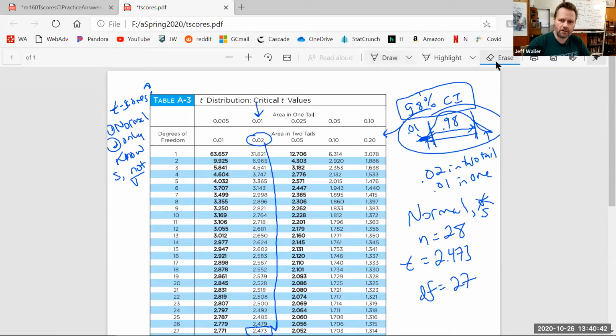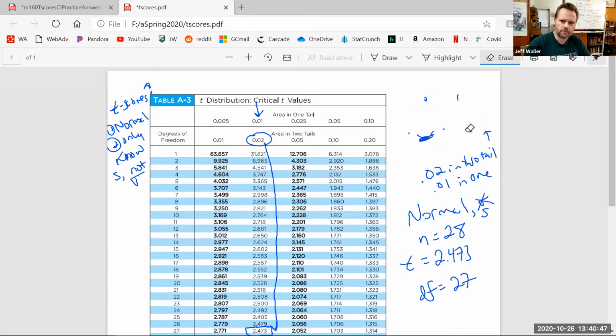And just to remind you guys, let me erase all this. What are the formulas we know for confidence intervals so far? The first one we learned. And then I normally like to write the next one we're learning right now.